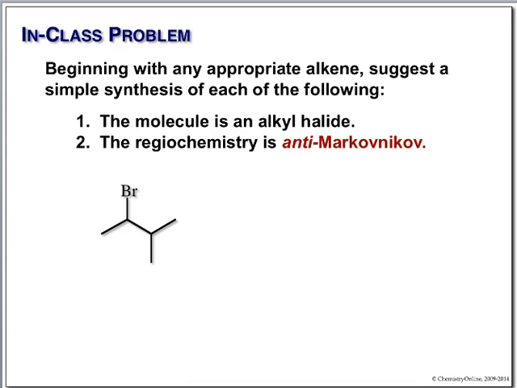That means our bromine is not attached to the carbon that would give us the most stable carbocation. So now you look at yourself and say, how many ways do I know to make anti-Markovnikov alkyl halides? Only one.